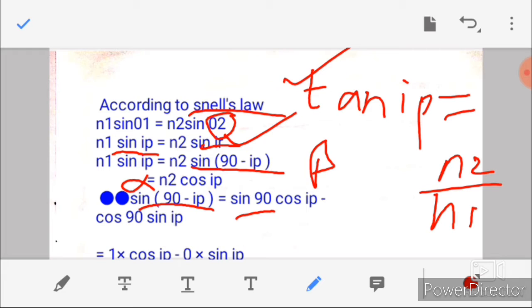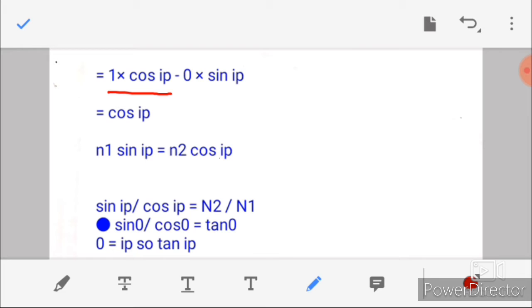So here we have sine 90, then cos IP, minus cos 90, then sine IP. Sine 90 is 1 and cos 90 is 0. So 1 multiplied by cos IP minus 0 multiplied by sine IP. 0 multiplied by any number is 0.